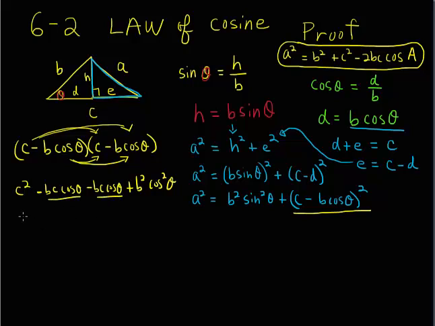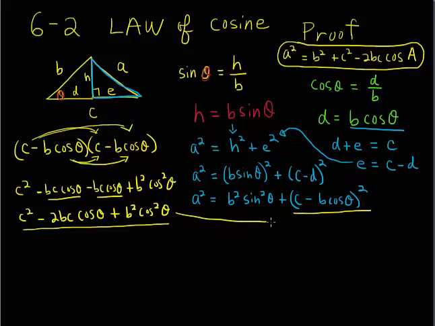We're gonna underline that, and we're gonna get c squared minus 2bc cosine theta plus b squared cosine square theta. So we have a nice little number here that we got, and this is probably the hardest part, and we're gonna substitute that value for here. We're gonna put it back here because that's what it came down to.